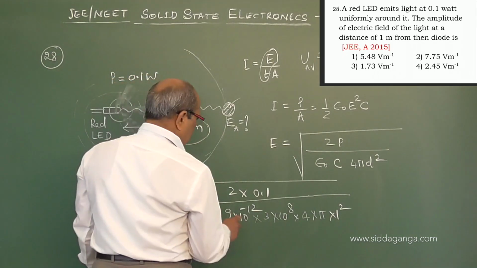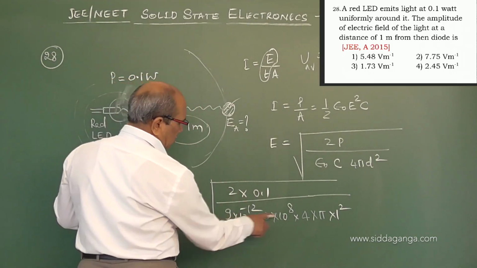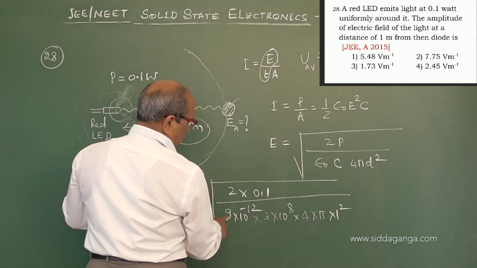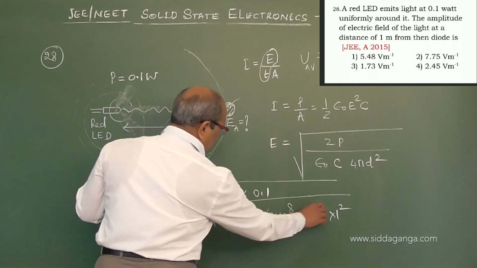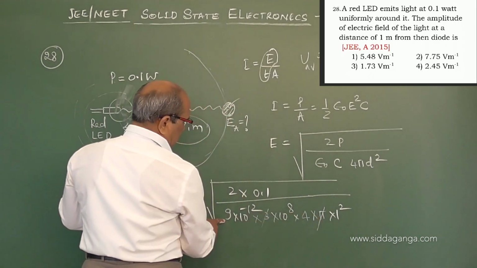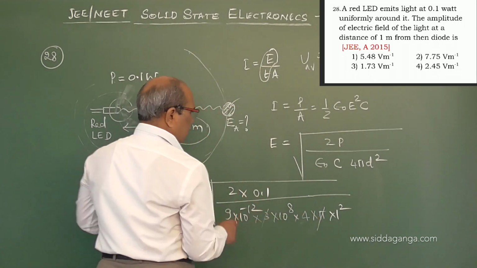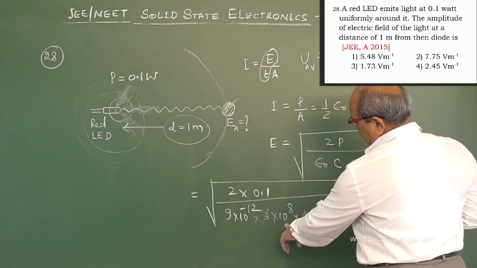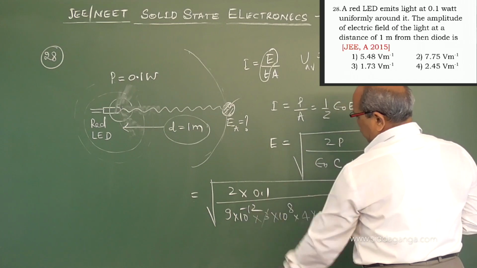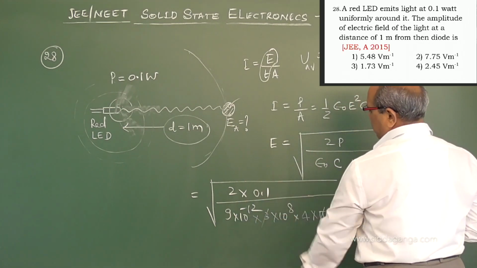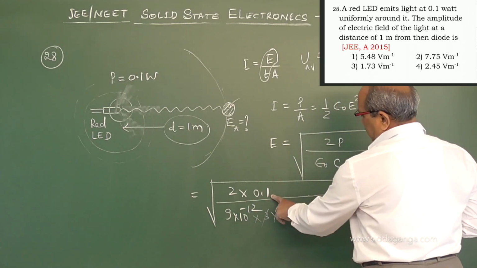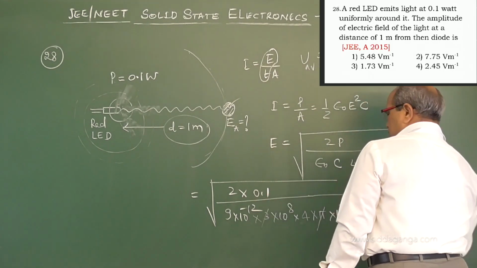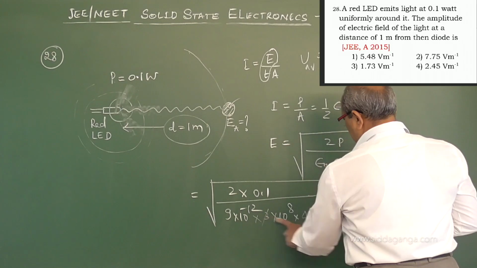Now let us simplify it. 4 pi, 3 threes are 9, 9 nines are 81, and 2 remains here. Simplifying, 10 power 8, 10 power minus 12, 10 power minus 4 taken to 10 power 2, 10 power 3, giving 200 divided by 3 approximately.